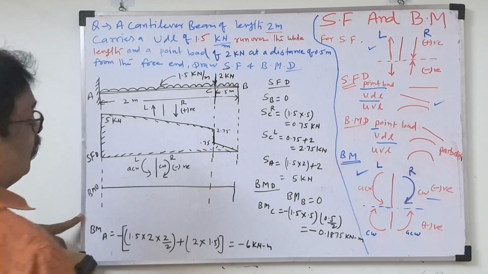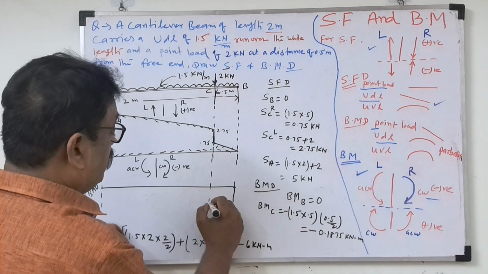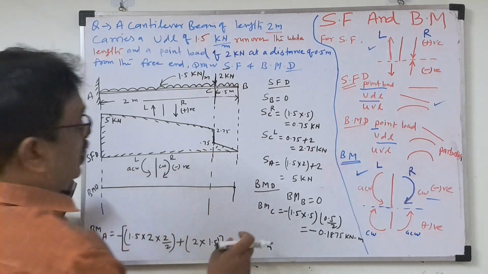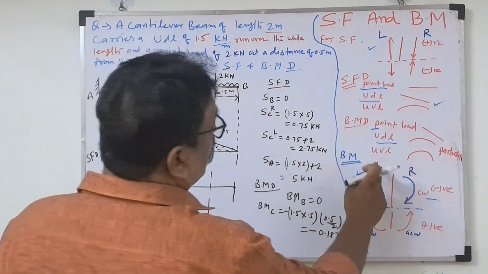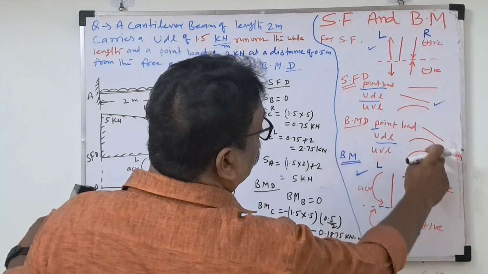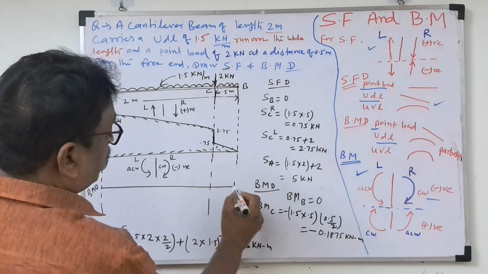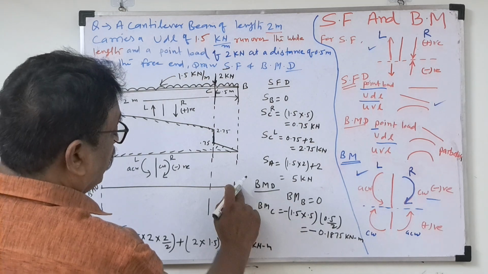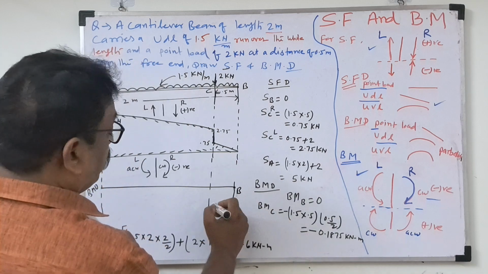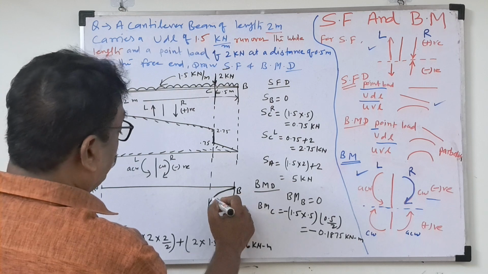Bending moment diagram, how will we draw it? Bending moment at B is 0, and bending moment at the other end is 0. Now you have to check for UDL. The bending moment diagram for UDL is a parabola. So first, it is 0 at point B. Now at point C, draw the parabola.